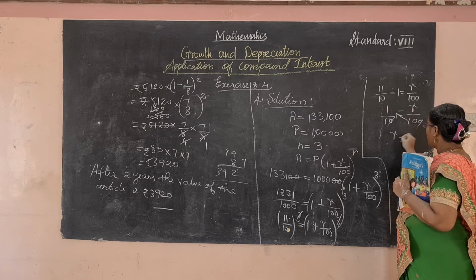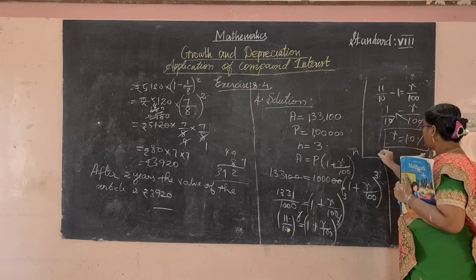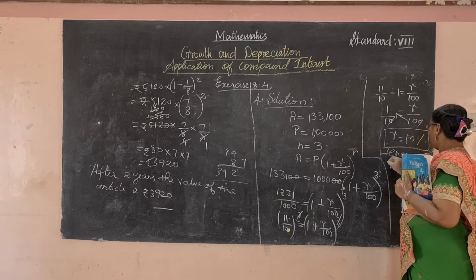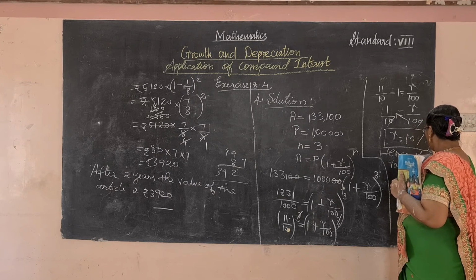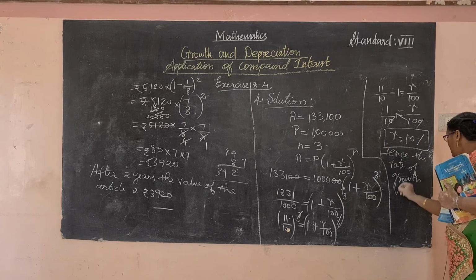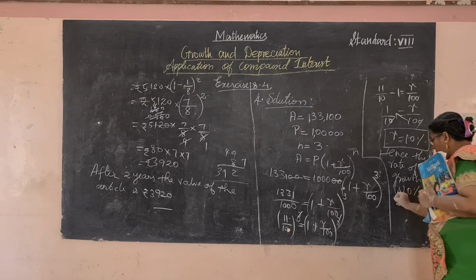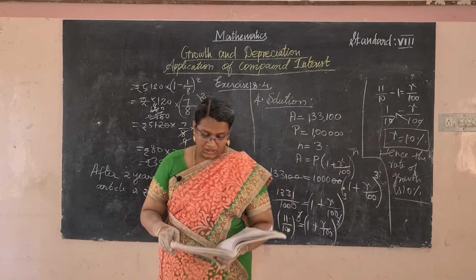So R is equal to 10%. Hence the rate of growth is 10%.